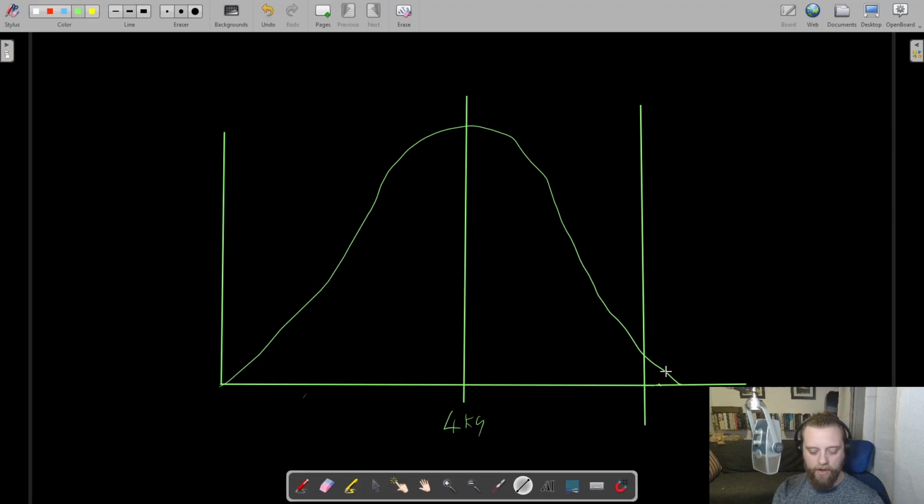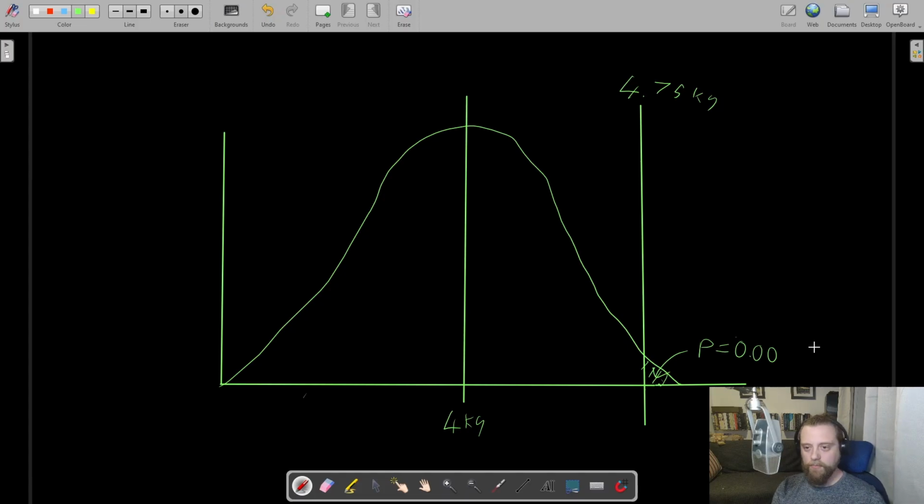Now this is probably an overestimate, but essentially what we've calculated is that the area under the curve here equates to a p of basically 0. So almost no values should be more than 4.75 kilograms.